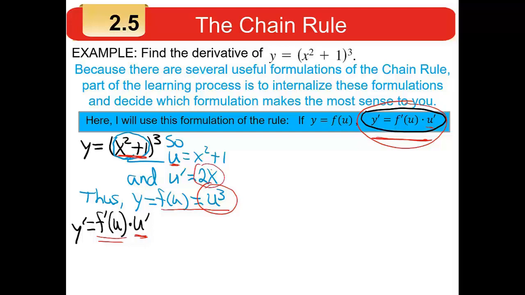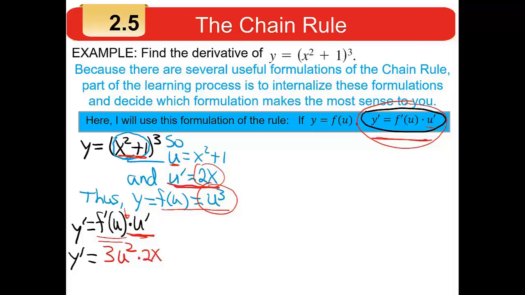If f of u is u cubed, then f prime of u is 3u squared. And then we have to multiply by the derivative u prime, which we've already calculated to be 2x.